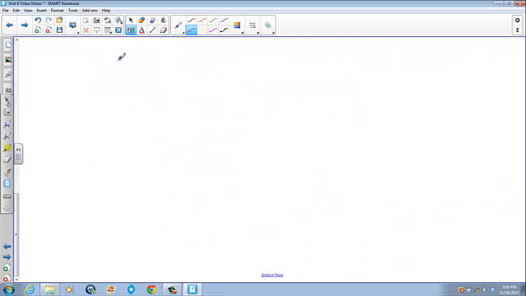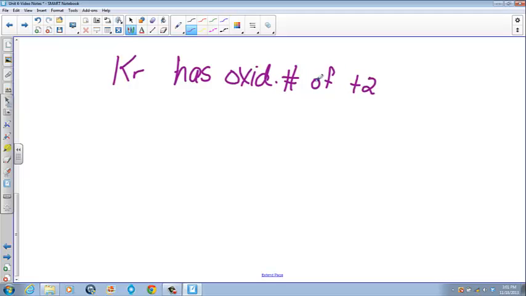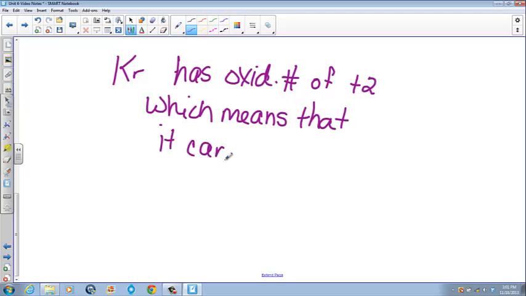Krypton, and you're going to add this to your notes, krypton has an oxidation number of +2, which means that it can give up 2 electrons.